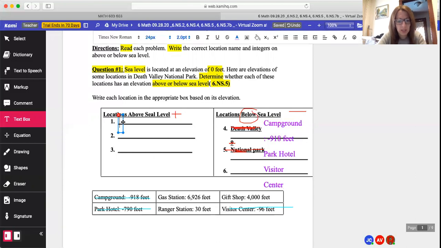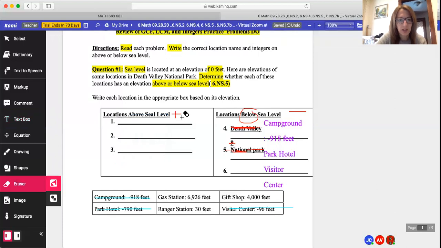So that means here we have the gas station, right? We have the ranger station, and we have the gift shop. All of these are positive integers because the word above is positive and the word below is negative.